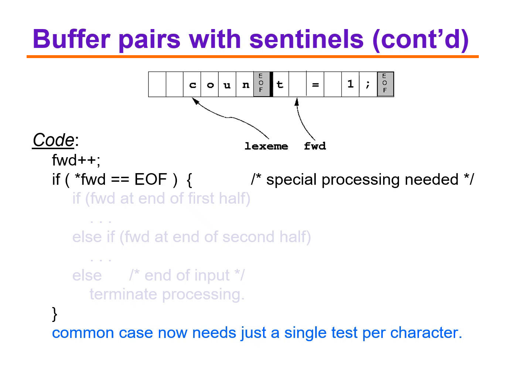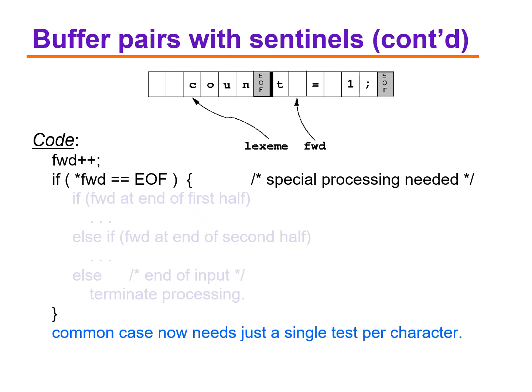So what is the use of these sentinels? They are special characters, and we use a sentinel at the end of each buffer. This is the first buffer, so here we have the first half of the buffer, or we can consider this as two buffers.